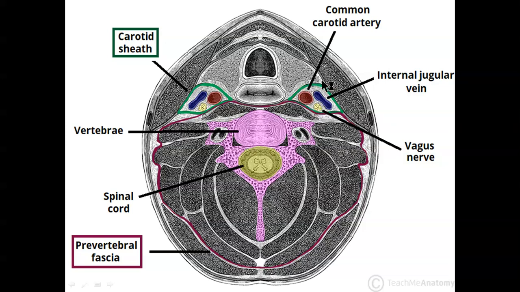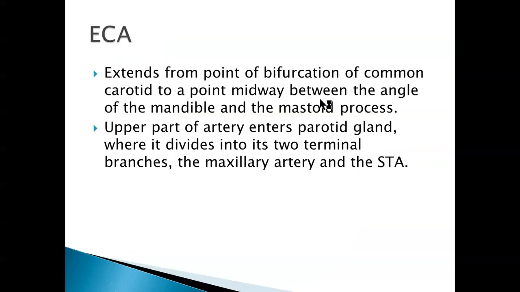And here in front, we have this loop of ansa cervicalis placed anteriorly in front of the carotid sheath. The external carotid artery, as we know, gets bifurcated from the common carotid artery. So all these are part of your anterior triangle. All right.